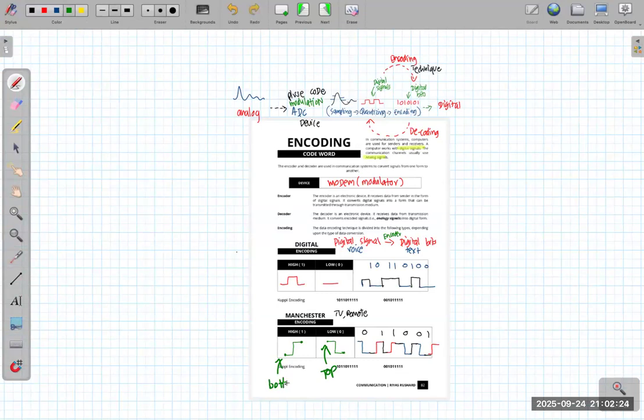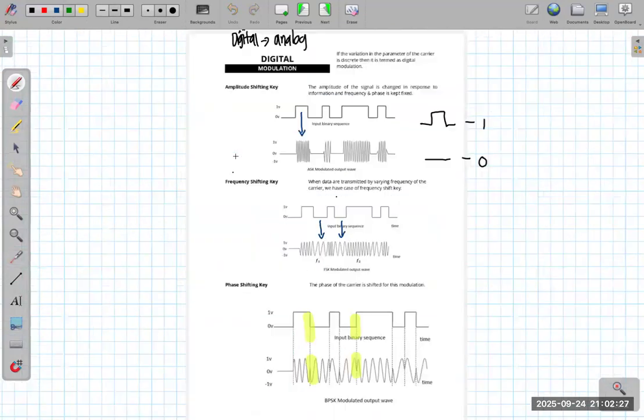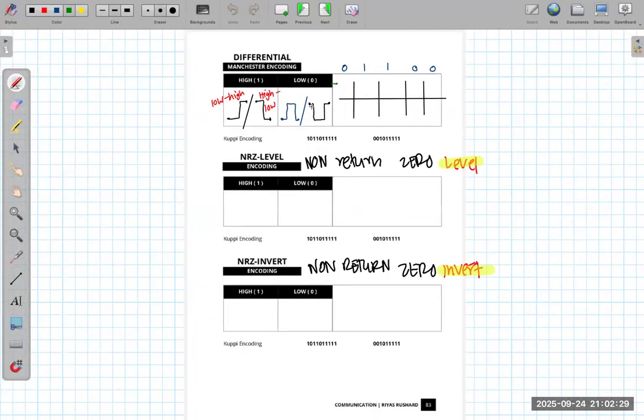So we use the same technique here, right? So it starts from top. If it starts from top, it will go down for zero, and up for one. The signal starts from high, and goes like this. Again, if it's a one, low again, do not change, it will go to high. If it's a zero, high to low to high.